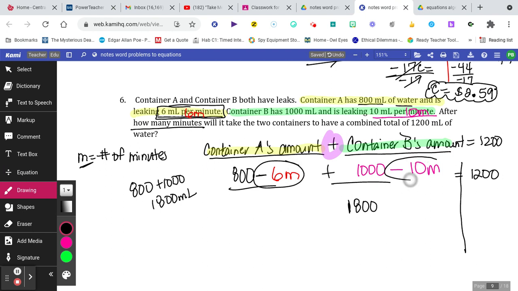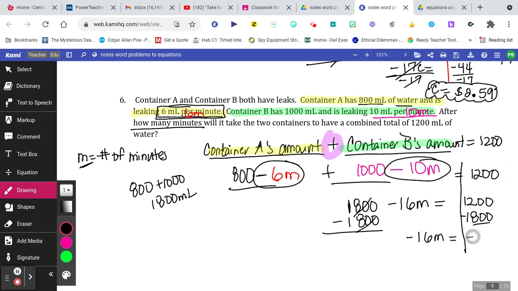Negative 6M and negative 10M make negative 16M. Then I'm just going to solve the two-step. You're going to be left with negative 16M equals negative 600. We're going to divide both sides by negative 16.